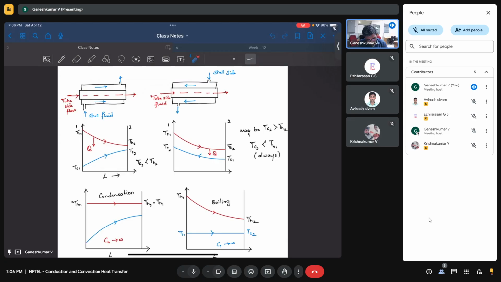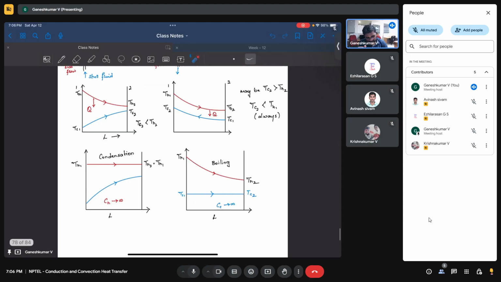You can either have a parallel flow heat exchanger, where both the hot and cold fluids flow in the same direction, or a counterflow heat exchanger, where they flow in opposite directions. This is how the temperature profiles look along the length of the heat exchanger.